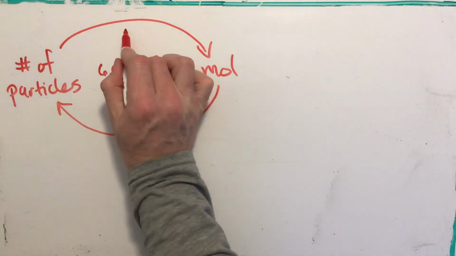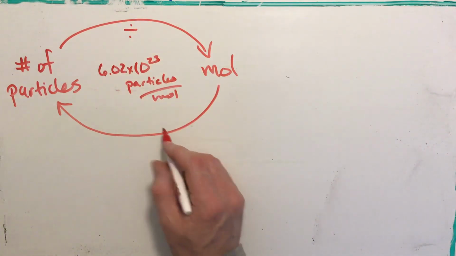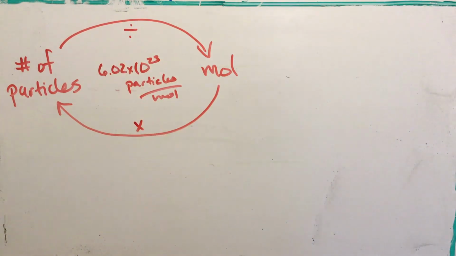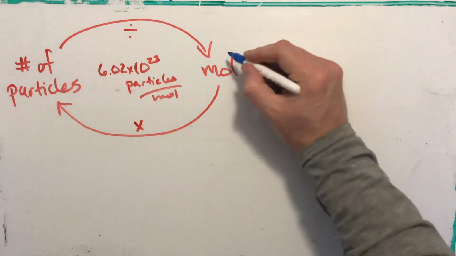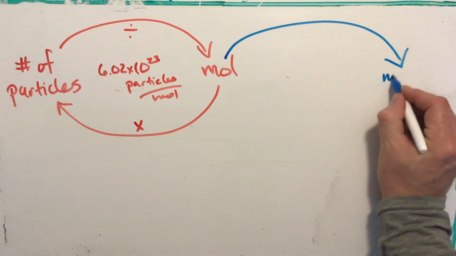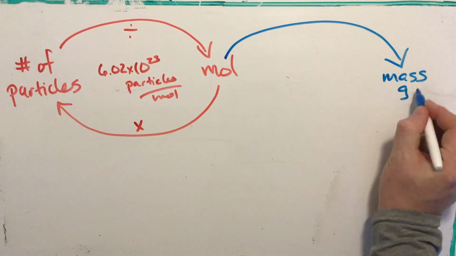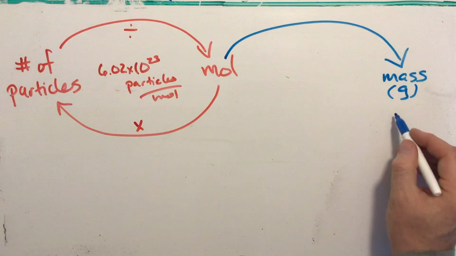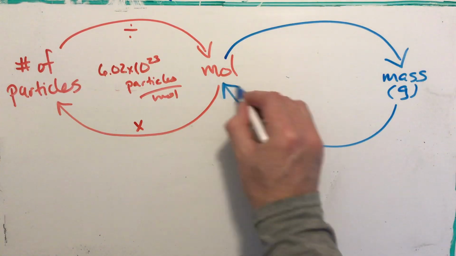And we know that this way was divide, this way was multiply. If I connect the new work to this, we started at moles and we can go to mass, which is grams. And we know we can go back this way.